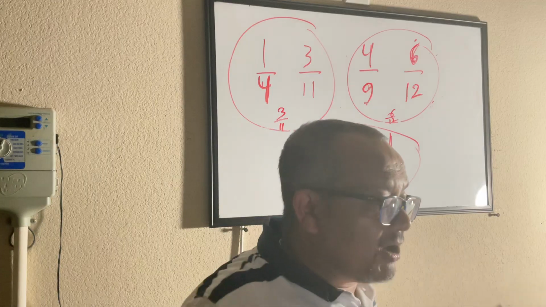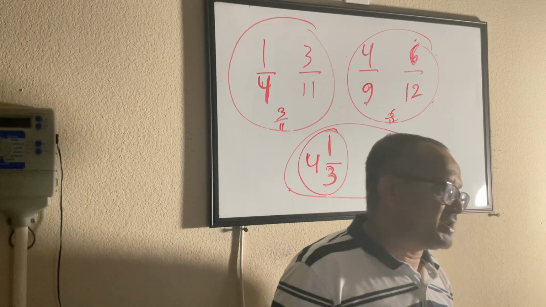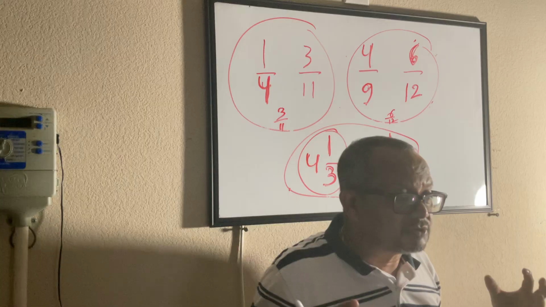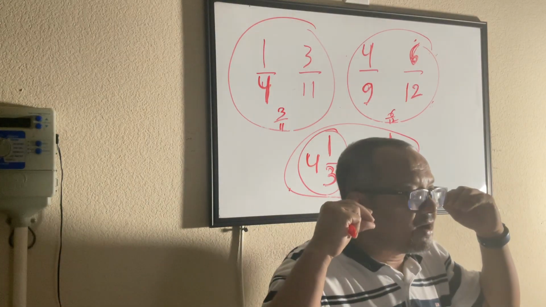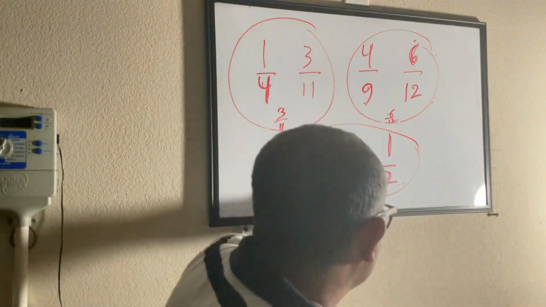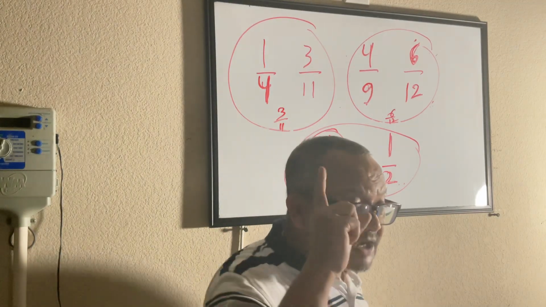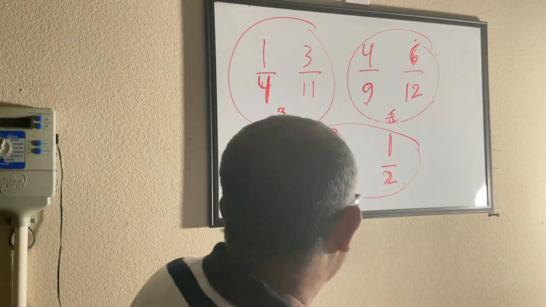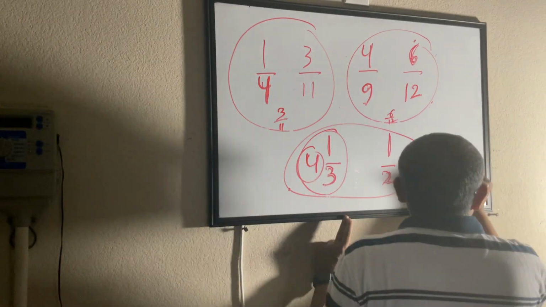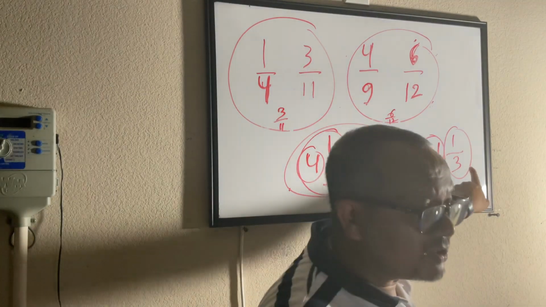Okay. Now, let me teach you guys some dirty tricks. Those are called dirty tricks because they help you find the right answer without putting a lot of effort. Now look at this one. If I have a problem like the third one, it should not even take a second. Why? I have 4 complete numbers. If you read 4 1/3, what does it mean? 4 full number and then 1/3.